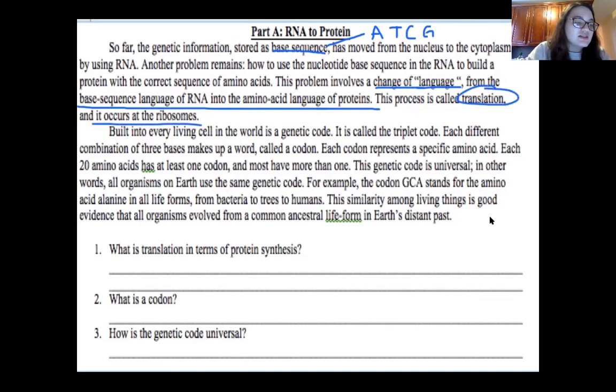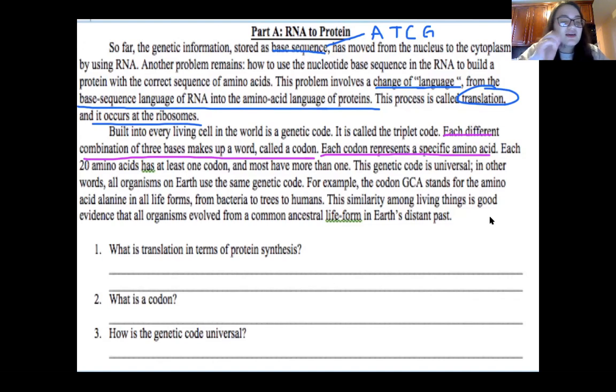Built into every living cell in the world is a genetic code. It is called the triplet code. Each different combination of 3 bases makes up a word called a codon. Each codon represents a specific amino acid. Each amino acid has at least one codon and most have more than one.